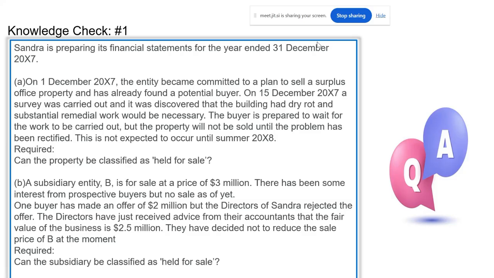The buyer is prepared to wait for the work to be carried out, but the property will not be sold until the problem has been rectified. This is not expected to occur until summer 2008. Required: can the property be classified as held for sale?